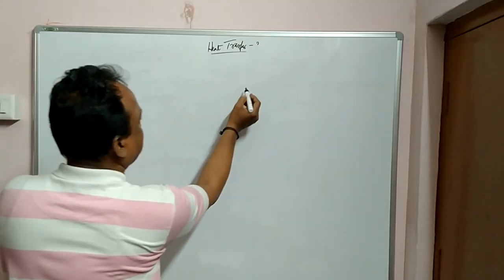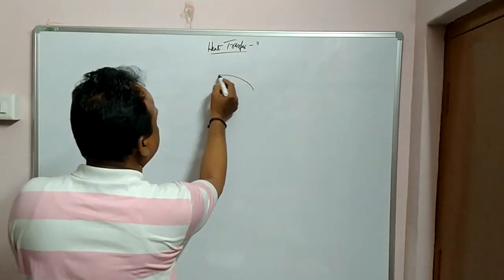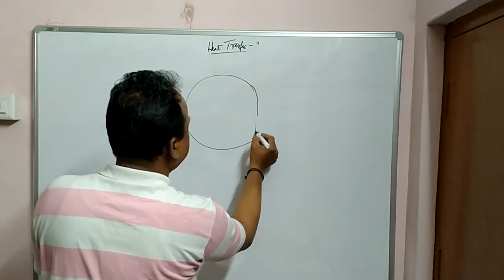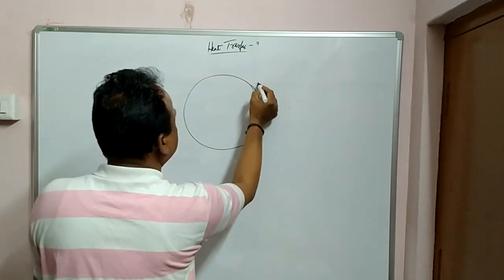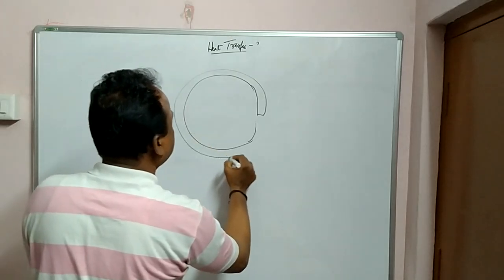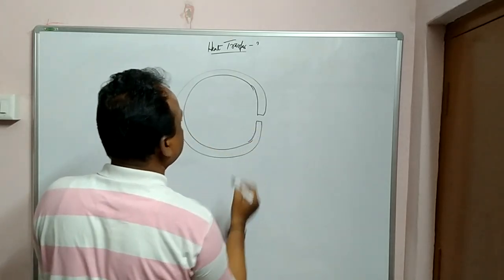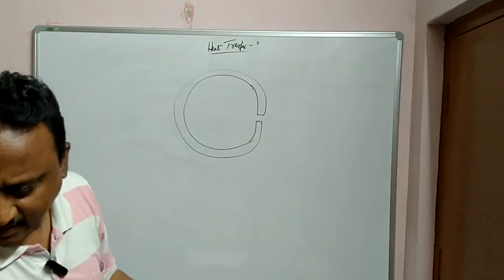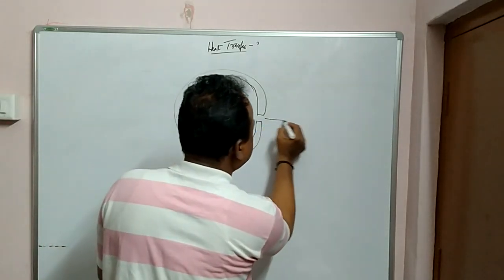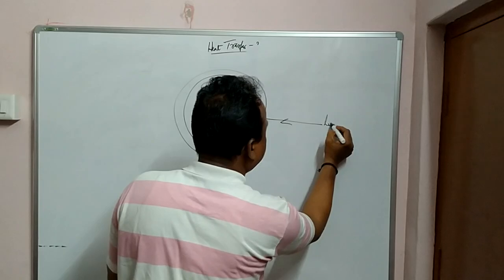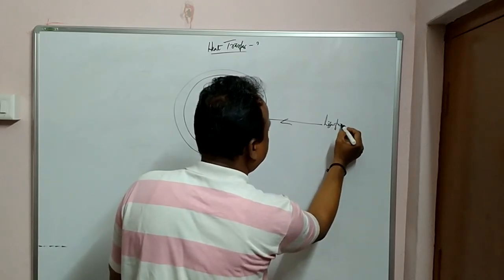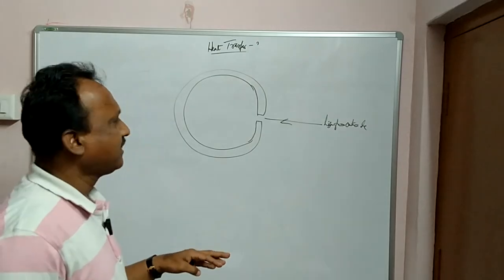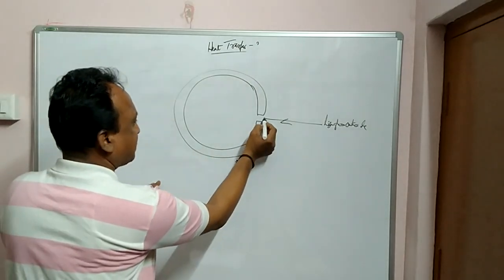For example, look at this. Suppose this is an object made in this fashion, a small groove-like structure, and this is a small entrance for light to enter from outside. The light from outside, it may be sunlight, enters in this fashion.